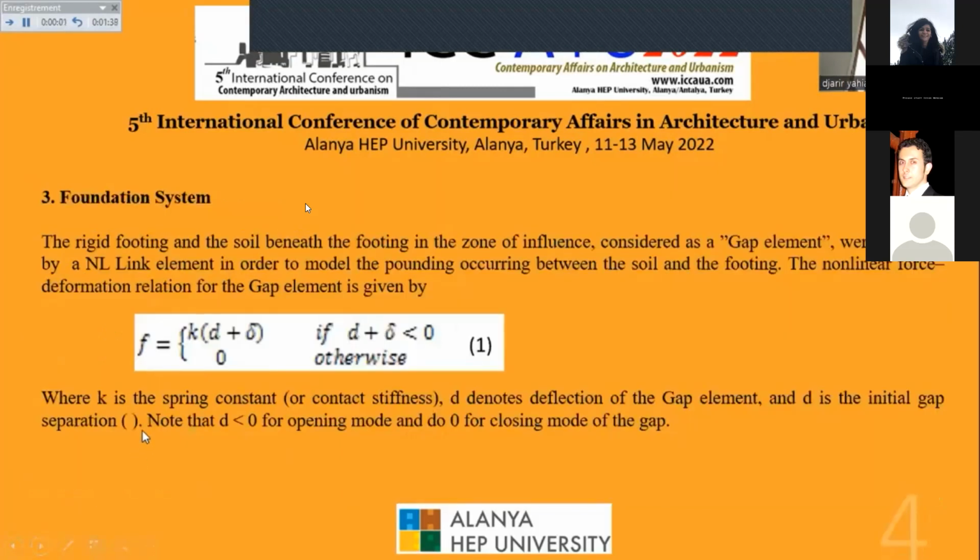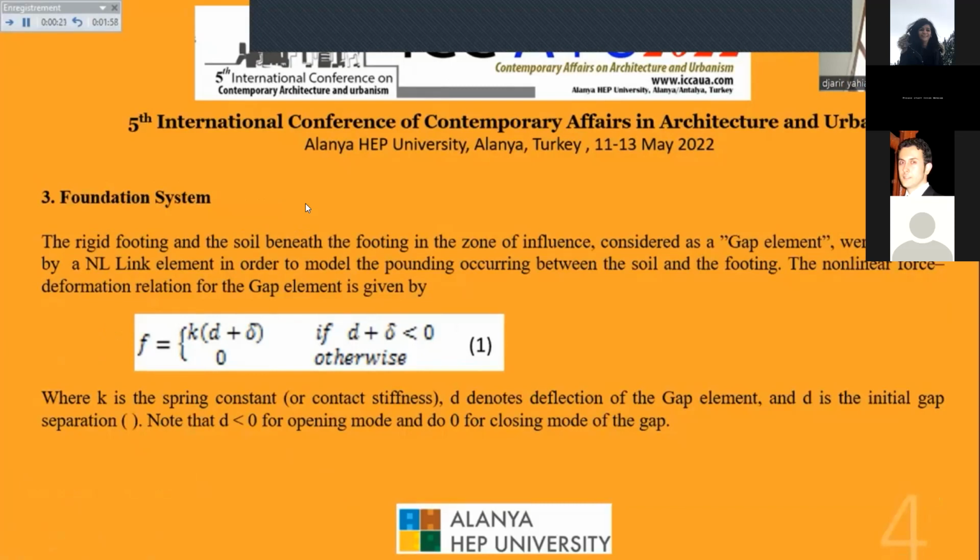3. Foundation system. The rigid footing and the soil beneath the footing in the zone of influence, considered as a gap element, were modeled by an I-link element in order to model the pounding occurring between the soil and the footing.